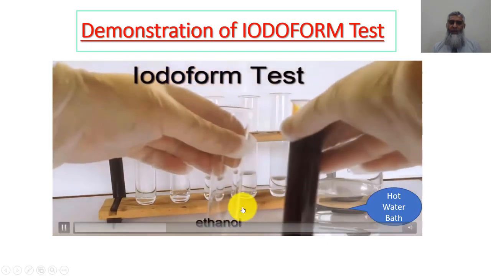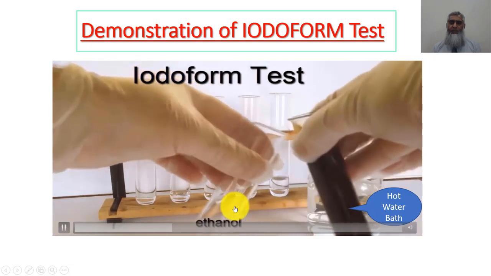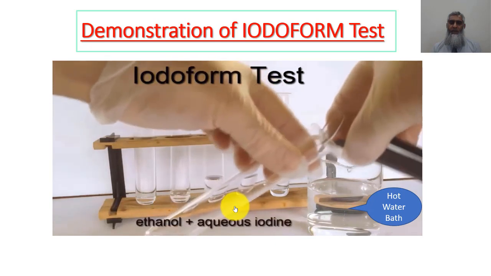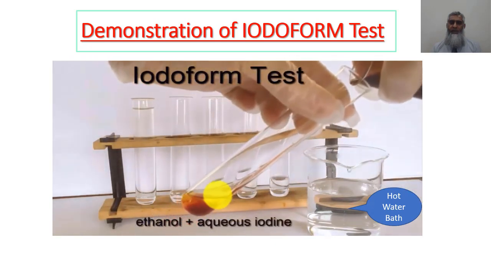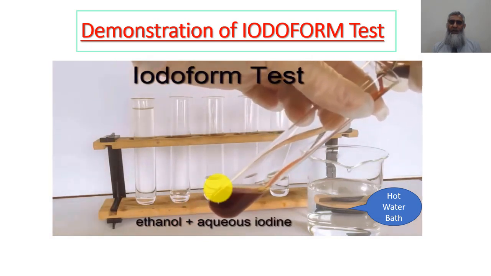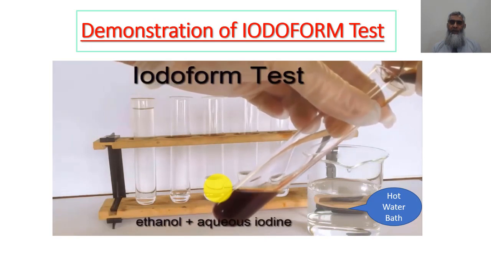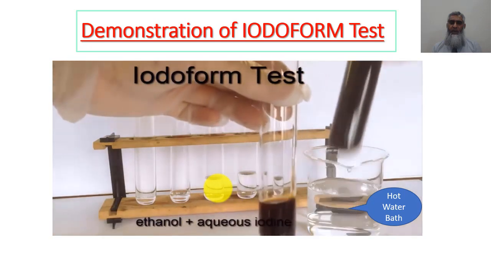About 1 to 2 cubic centimeter of iodine solution will be added to the ethanol. So now in this tube there is ethanol and aqueous iodine solution. Approximately equal volumes of iodine will be added to the ethanol.